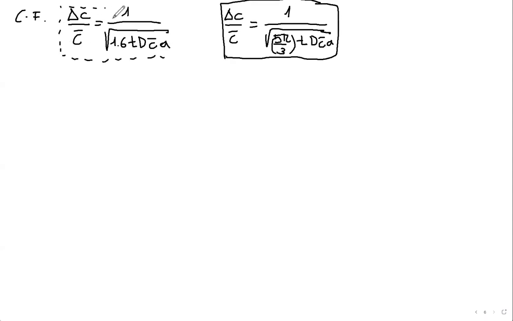The most important thing to remember is that in both models we get the same dependency on the parameters: T D C a with the square root, here and also there. So the only difference comes in the prefactor, which is good news because it means both theories give the same type of dependency. It's only a prefactor.